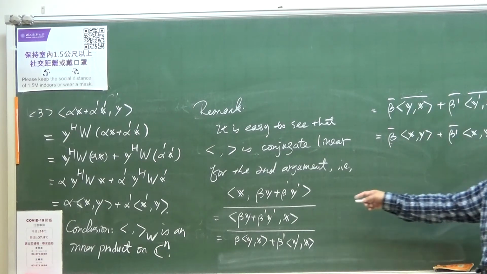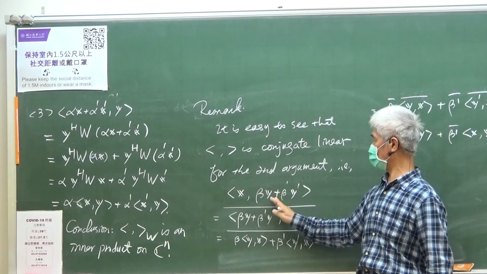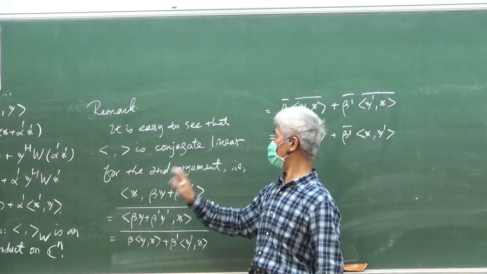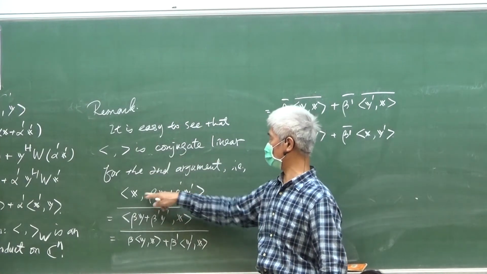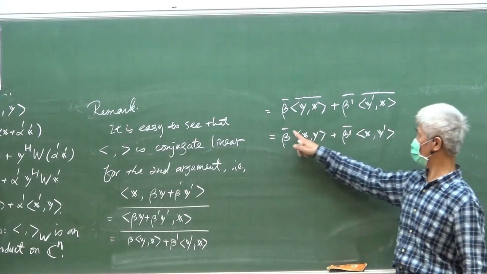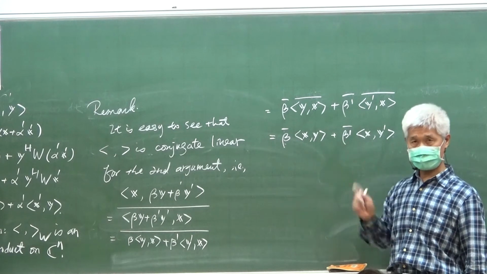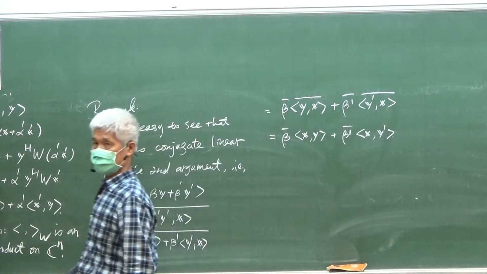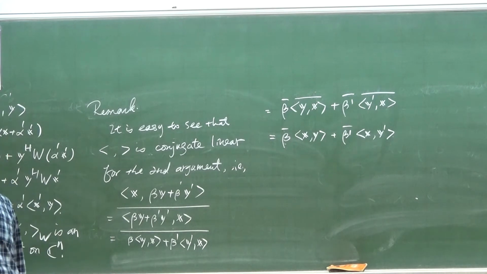So we see that if we want, for the second argument, the coefficient when pulled outside of the bracket, you have to put the conjugate bar over the beta.